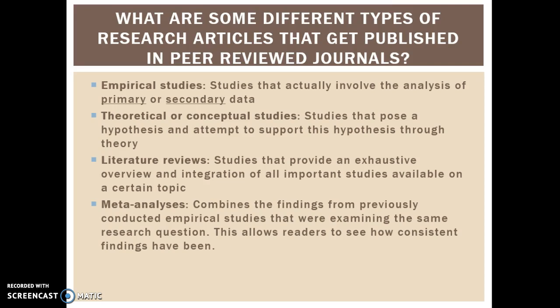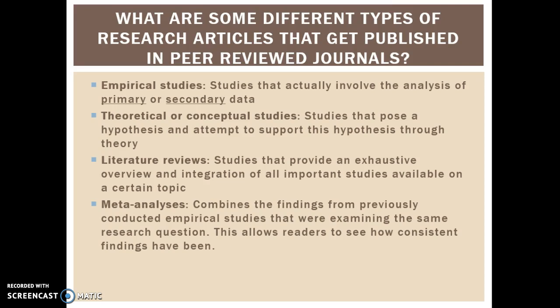Then another type of research article that you find in peer-reviewed journals is literature reviews. So these are articles that in and of themselves are a full-blown literature review. The only purpose of those articles is to provide an exhaustive overview of everything that's already been published on that particular topic.